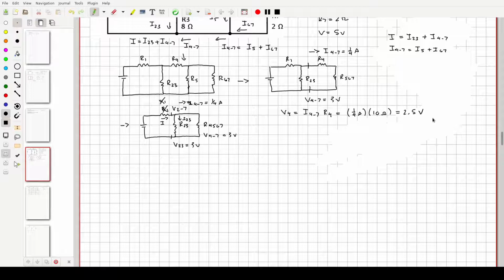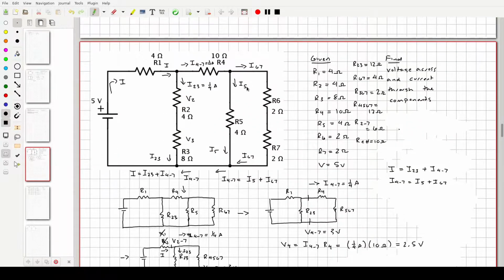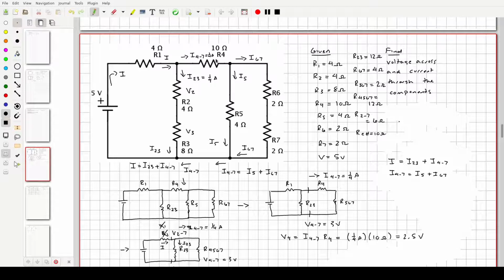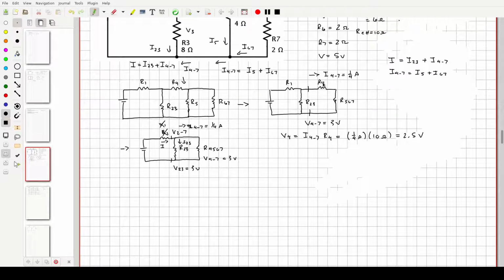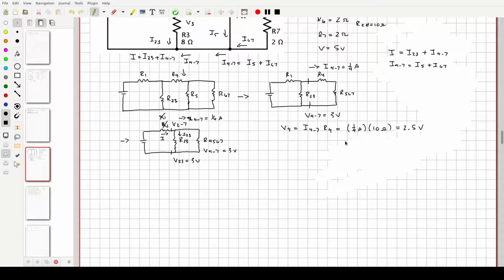Okay, so 2.5 volts is going to be laying across this guy right here. Now, if you have 3 volts going across here, you have 2.5 of it going across that. What that means is that the remaining half is going to be across this. Okay, so half of a volt.